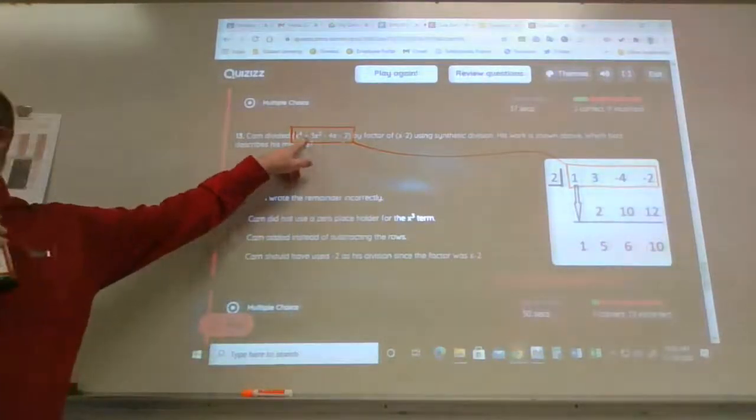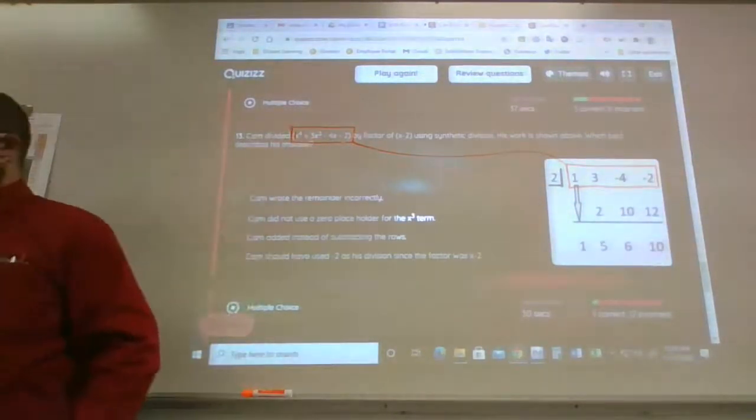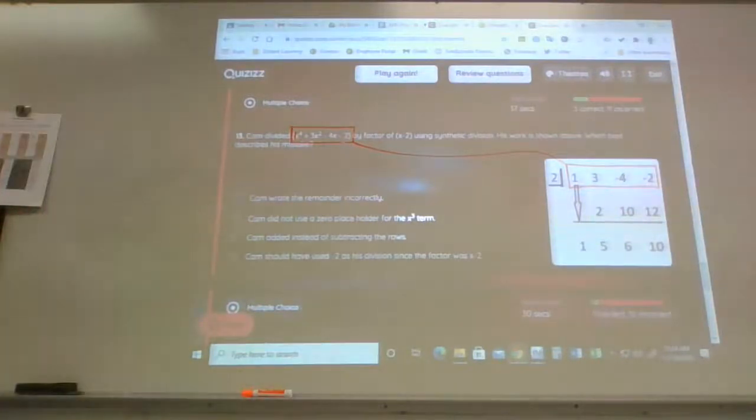What's missing? What comes in between an x squared and an x to the 4th? What comes after an x squared but before an x to the 4th?